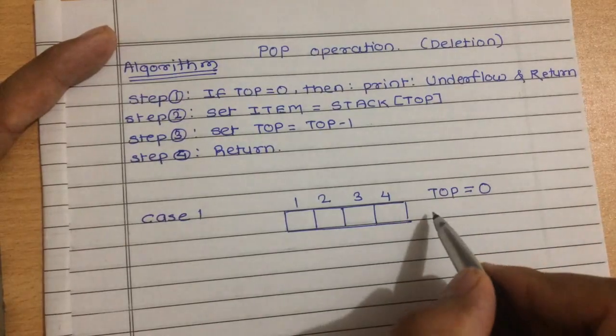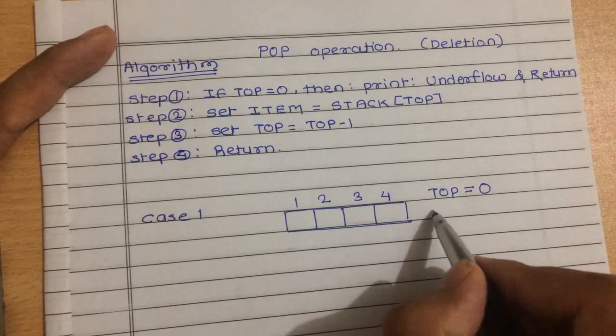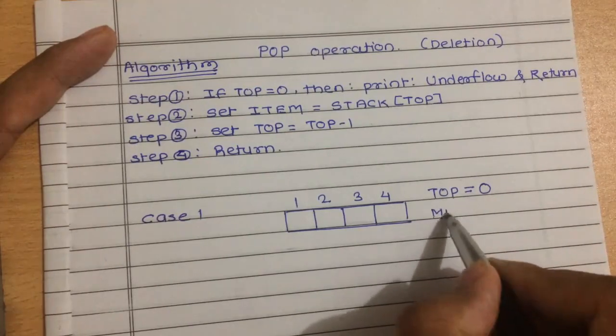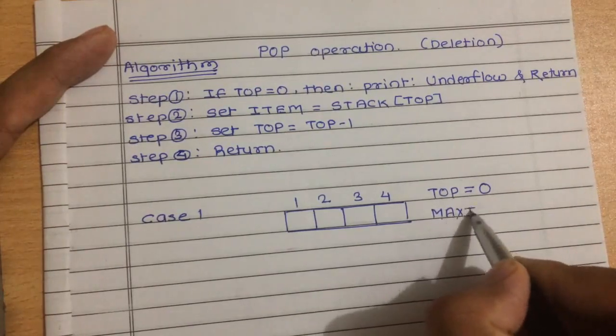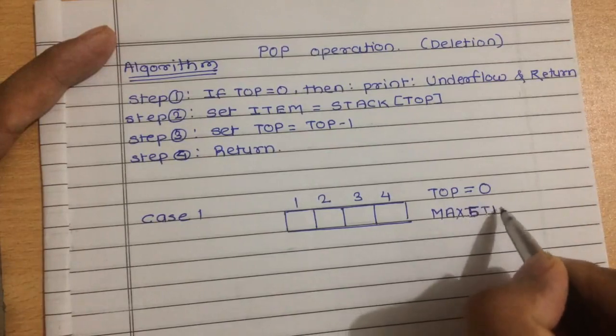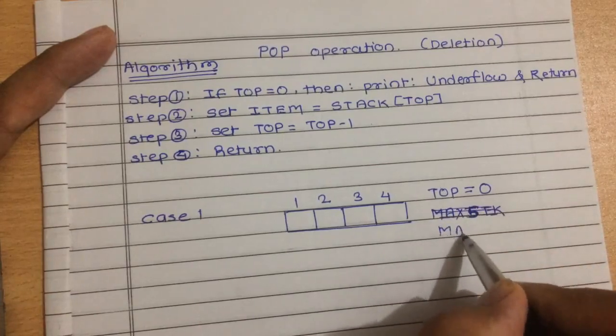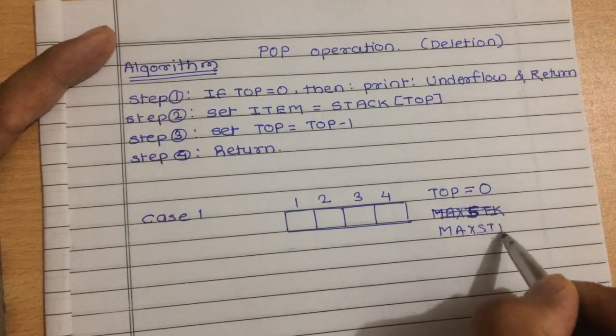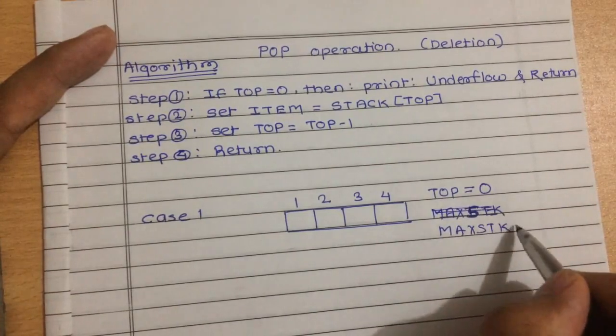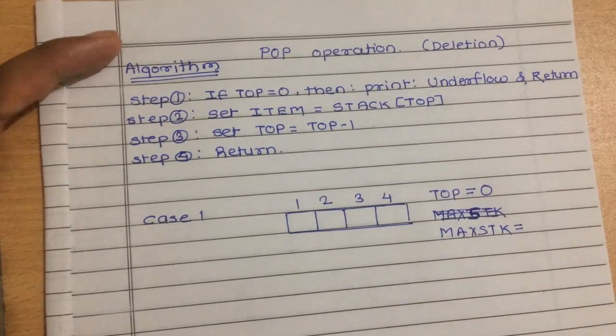Next, here we are having a second variable. It is max stack. So here in this case, what does max stack represent?